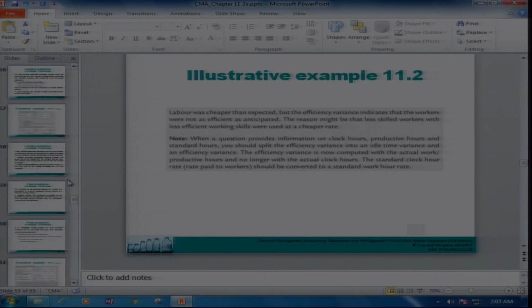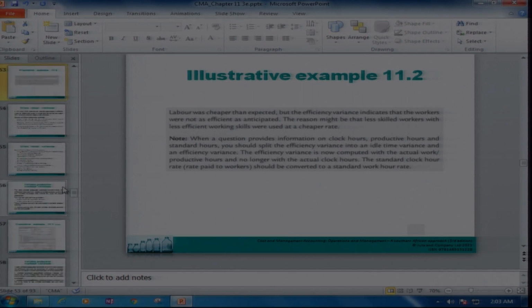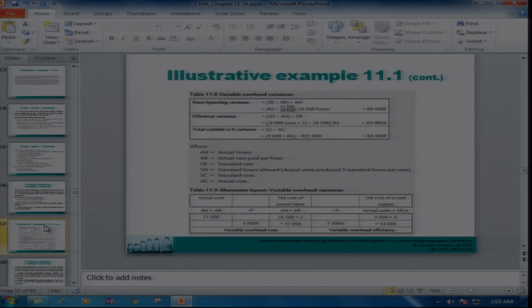Because of that lack of productivity, we get what is called idle time. So we are also going to look into a situation where we have to look at the idle time.